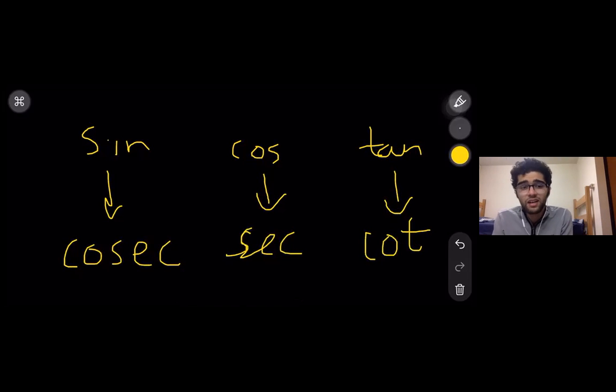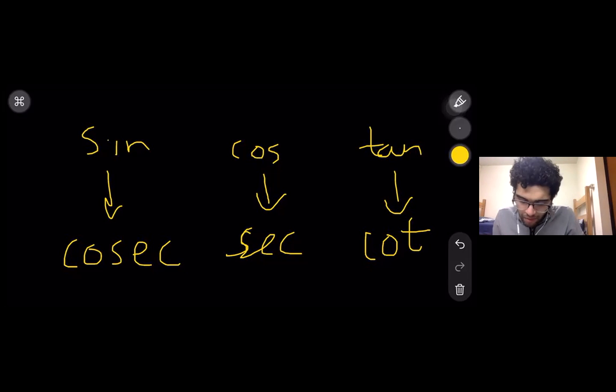I know it can get a little confusing because we have cos, then we have cosec, and then we have sec, and it goes the reverse, because the cosec is the reverse of sine. It would have been a lot simpler if cosec was the inverse of cos and secant was the inverse of sine, but that's not how it is. Cosec is 1 over sine, sec is 1 over cos, and cot is 1 over tan.